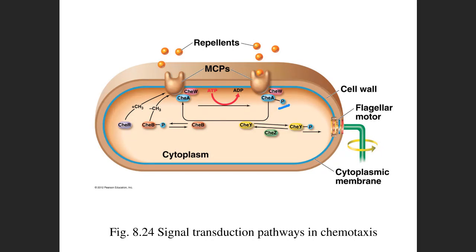Key Z is a phosphatase. A phosphatase is an enzyme that removes the phosphate from any protein. So now you have key Y that is dephosphorylated. Why do you do that? Because you need to be able to sense another bad smell.